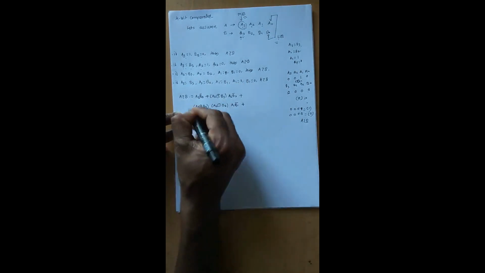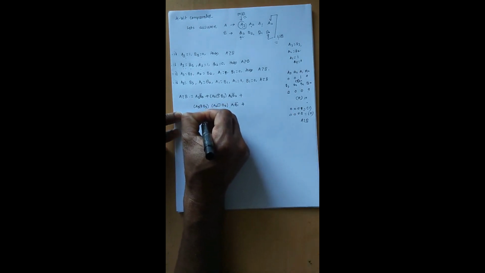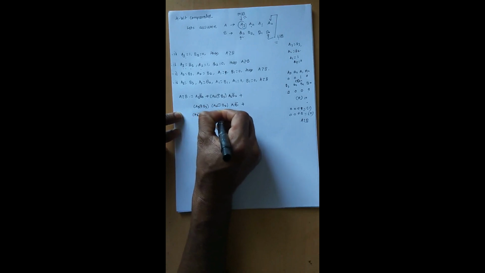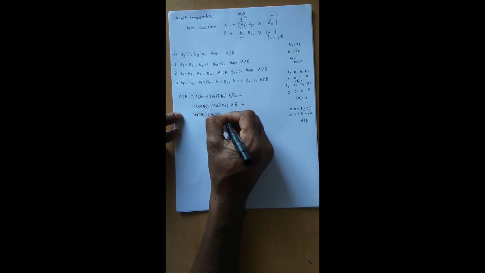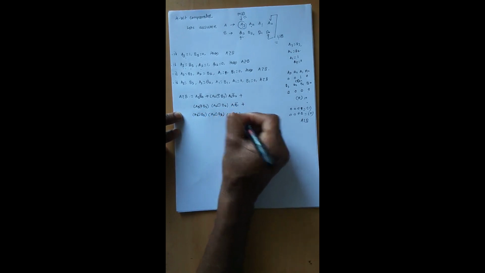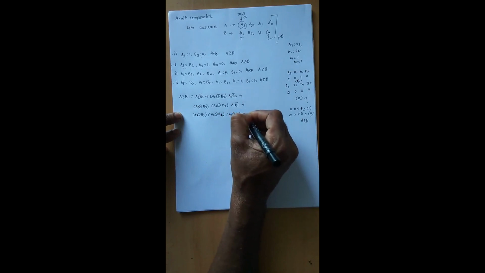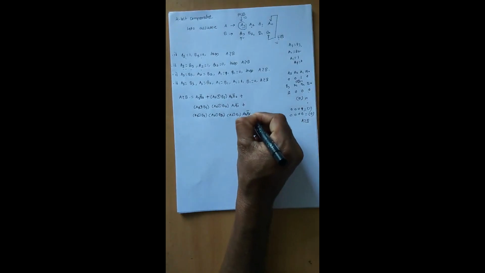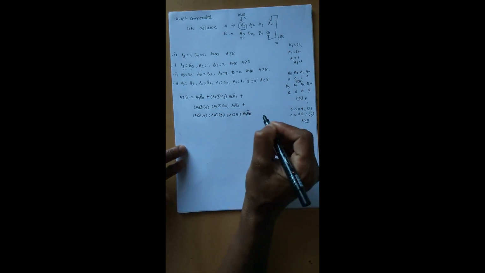Plus in this condition we can write A3 XNOR B3, A2 XNOR B2, as well as A1 XNOR B1, plus A1 into B1 complement, A0 into B0 complement.